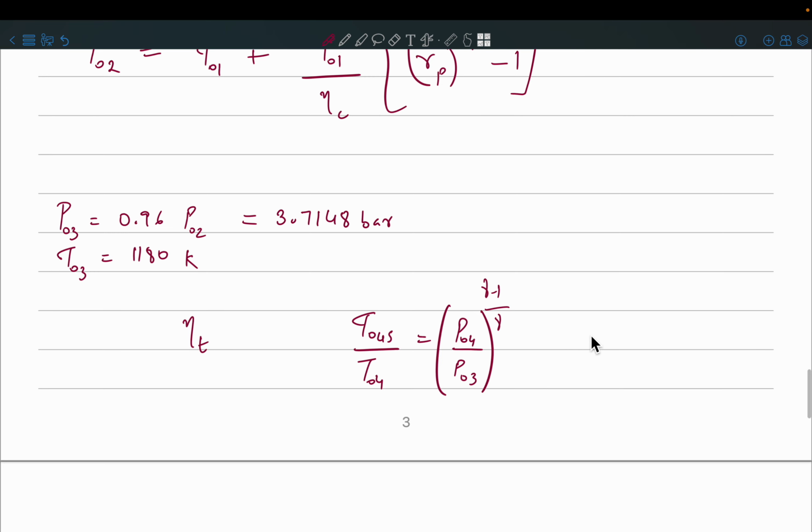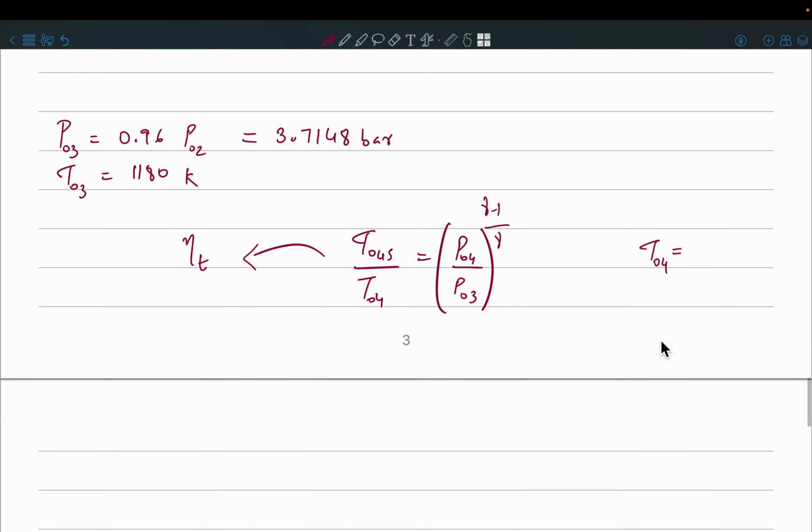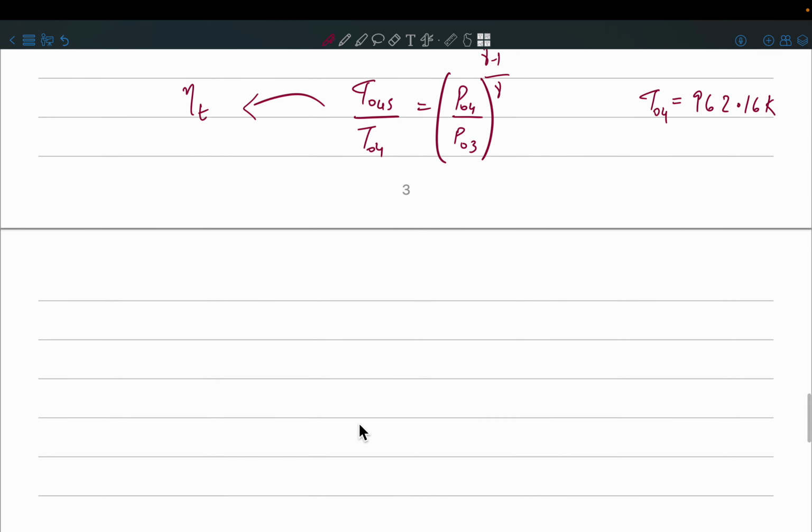So you can find T04S, then plug it into the definition of eta T, and then find T04. Okay, so T04 turns out to be 962.16 Kelvin.